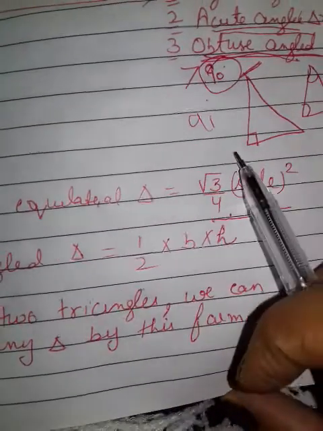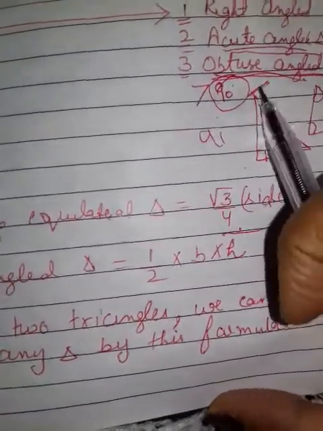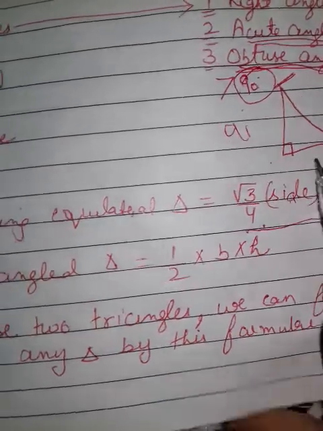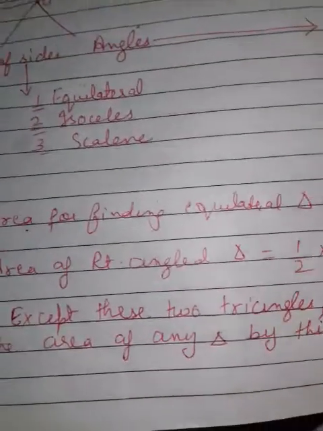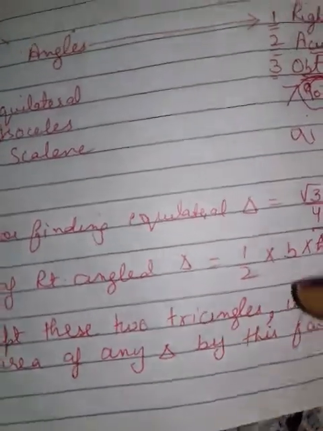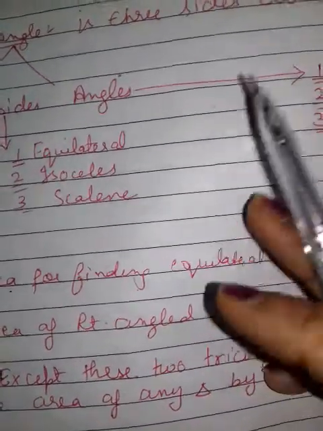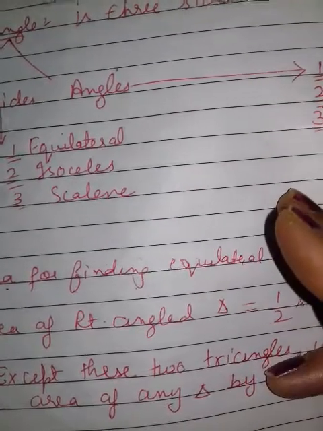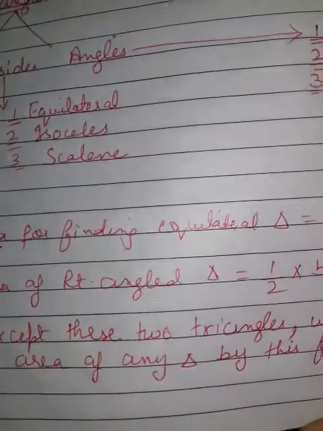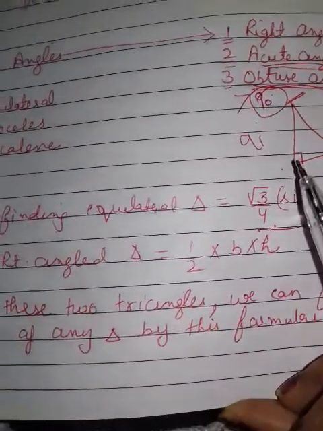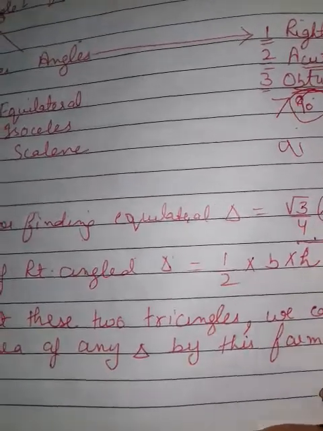This is your base, this is your height, and this is known as the hypotenuse. Except these two triangles, when any other triangle like a scalene triangle or any quadrilateral or figure is given and you have no direct formula, then you can use the Heron formula.